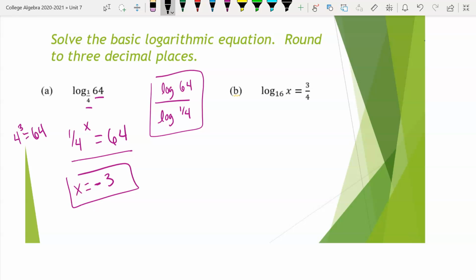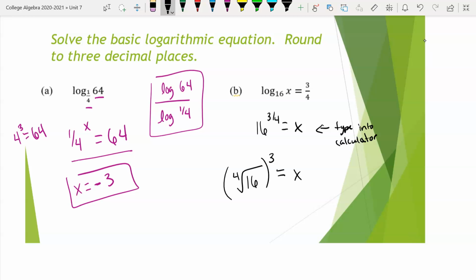All right. B, you can rewrite it as an exponential equation again. You can say 16 to the 3/4 power equals x. You can just type this into your calculator. So you could type in 16 raised to the 3/4 power and solve it. Or you can rewrite it and say the 4th root of 16 raised to the 3rd power is going to give me x.